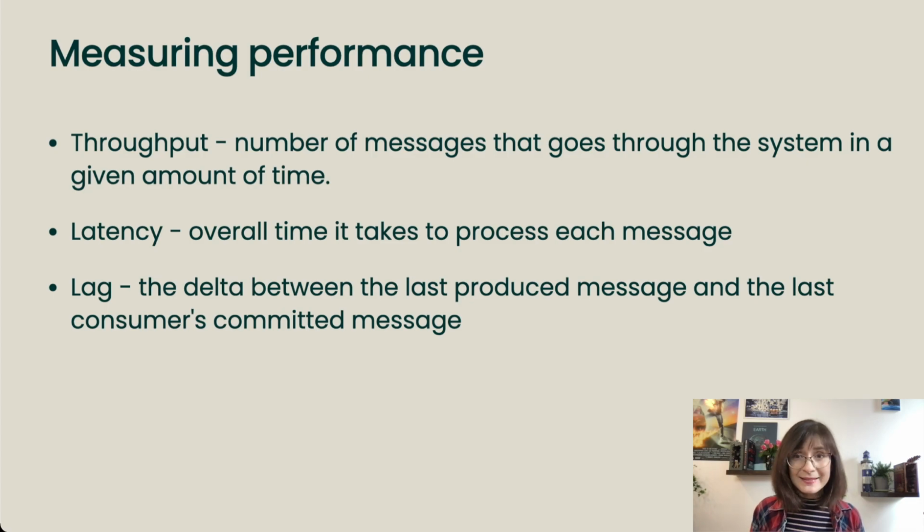Second one is latency, the overall time it takes to process each individual message. The lower, the better. And those two, throughput and latency, are actually closely interconnected, and optimizing one can affect the other one in a positive or, most probably, in a negative way.